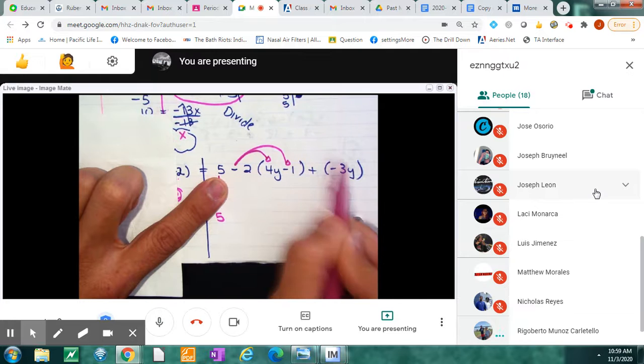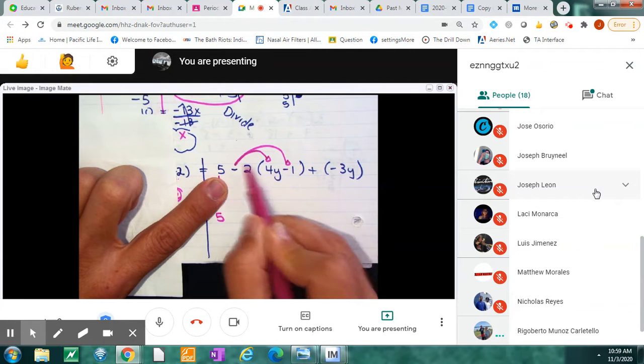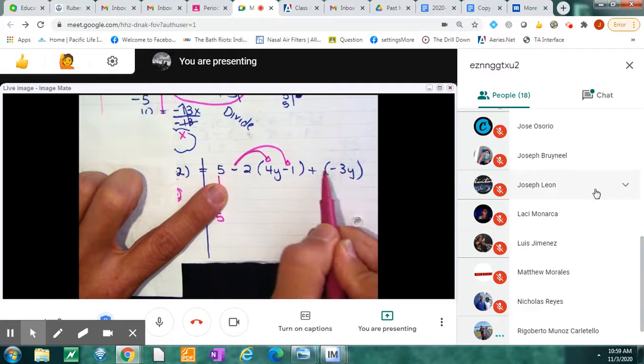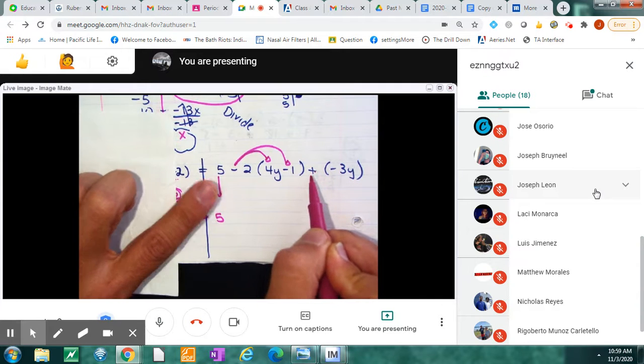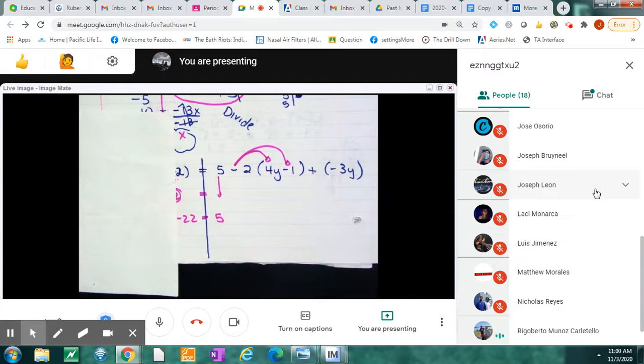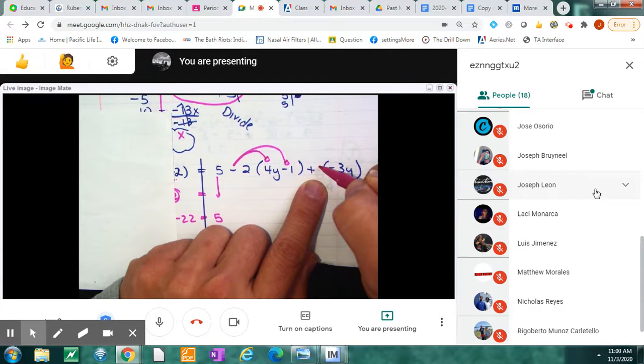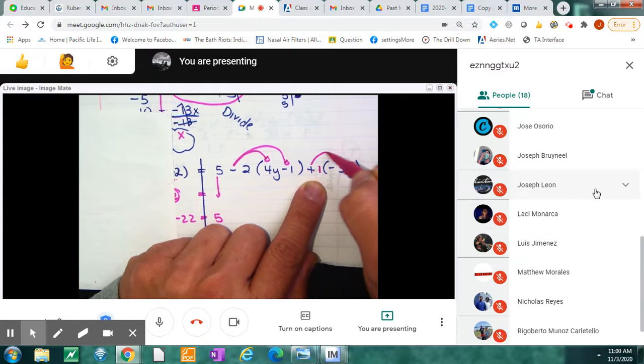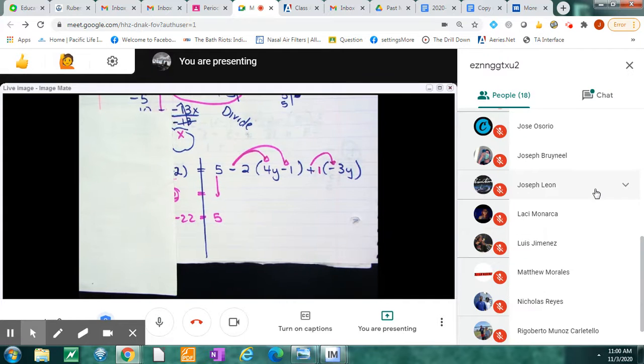Do I go to the negative 3y? No, because you have a plus. You broke it up, right? It's a plus. That's something else. Now, can I put a 1 right here? Plus 1? Yeah. So then you do this little one right there. All right, that's fine.